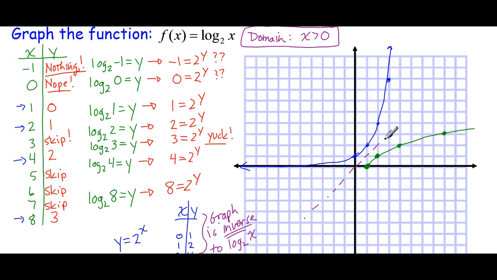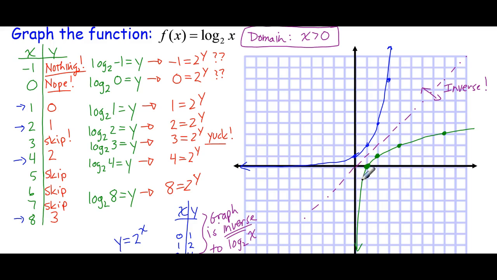Remember, when we were learning about inverse functions, the graph of a function and its inverse are supposed to be mirror images. So, if this blue part goes off along the x-axis like this, the mirror image, the green graph should go down here like this.